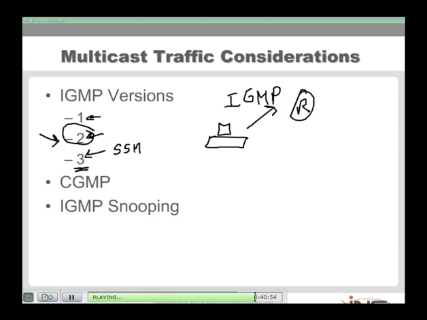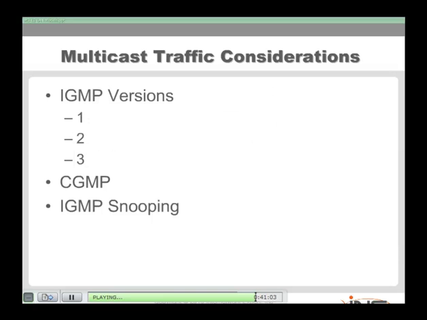But what's really interesting here about this discussion is how do we constrain the multicast traffic when it comes to our LAN? And this is a really interesting question because we remember what a switch will do by default with incoming multicast.